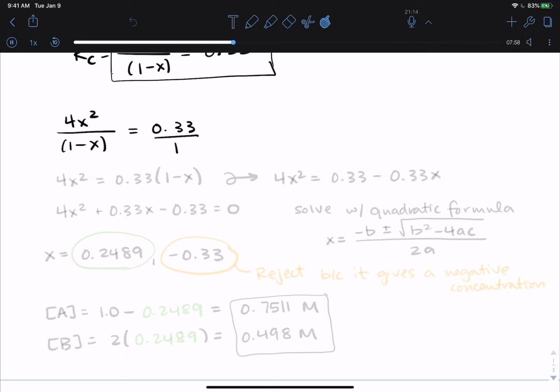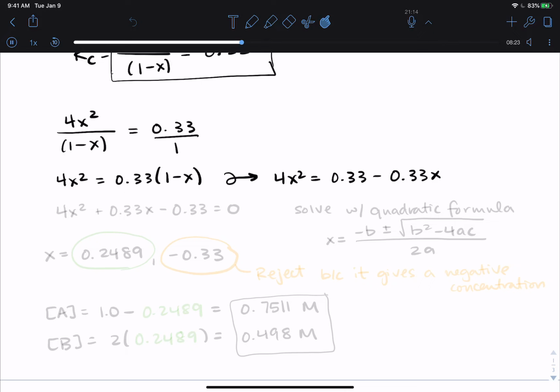So I need to cross multiply here. So 4x squared equals 0.33 times 1 minus x. And I'm going to expand this over here. 4x squared equals, don't forget to distribute that 0.33 all the way through the parentheses.